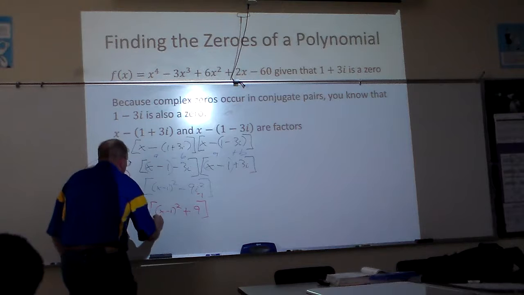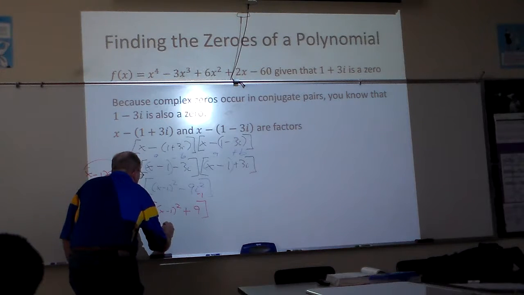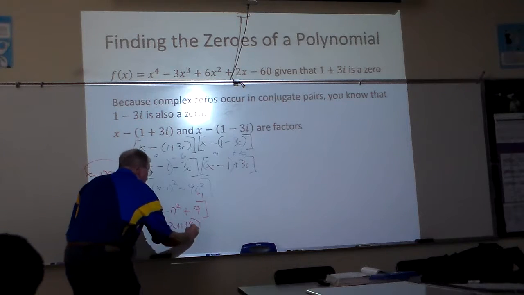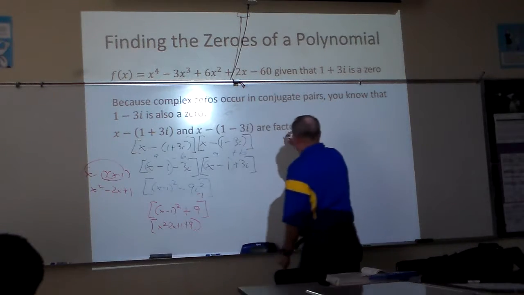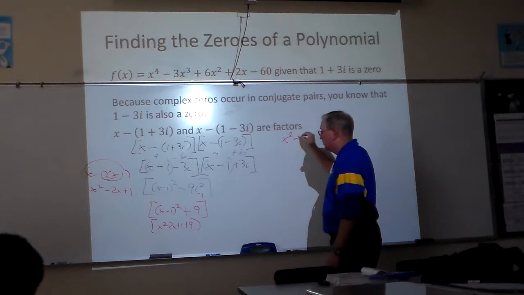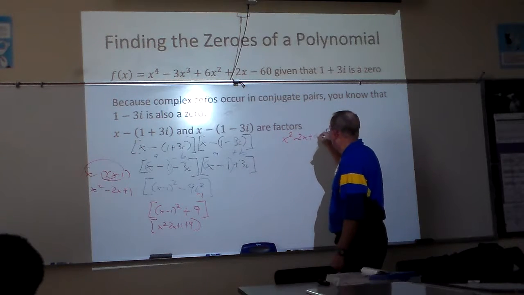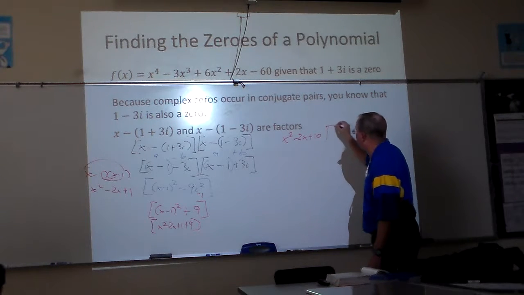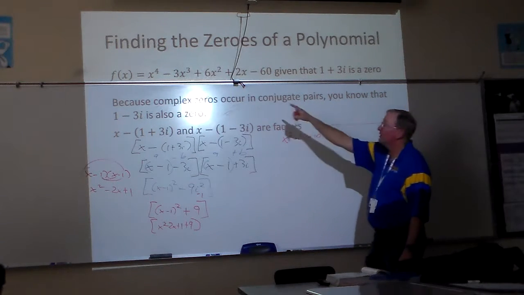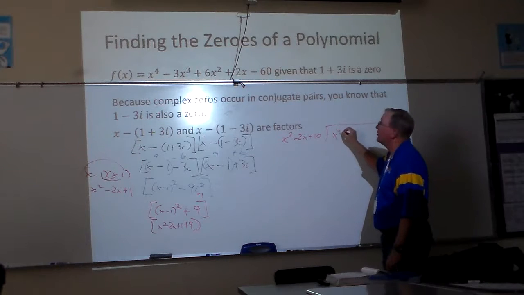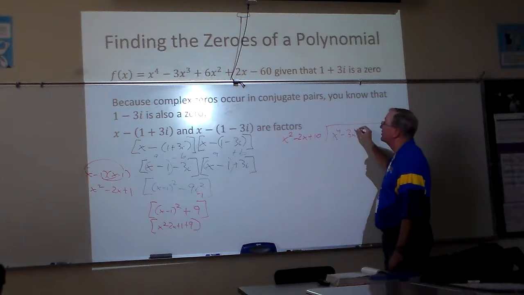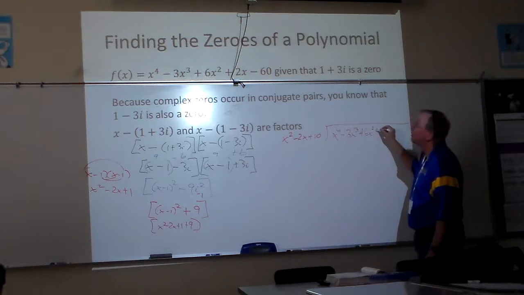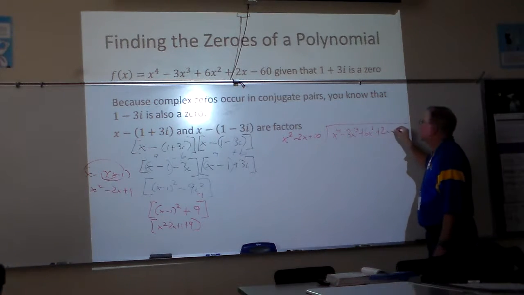Now what I will have is x squared minus 2x plus 1 plus 9, which will make x squared minus 2x plus 10, which I now will have to divide into x to the 4th minus 3x cubed plus 6x squared plus 2x minus 6.